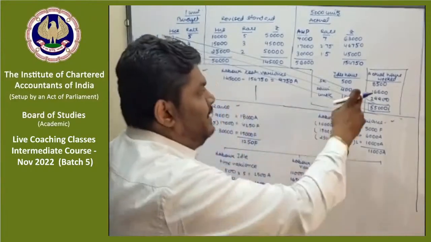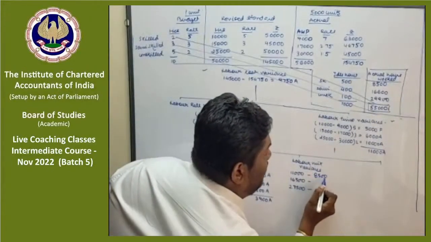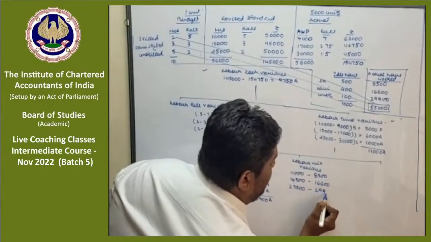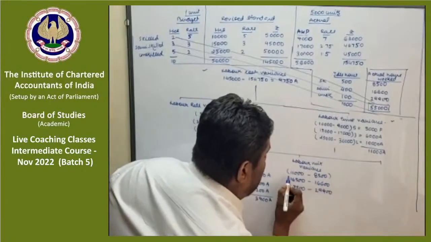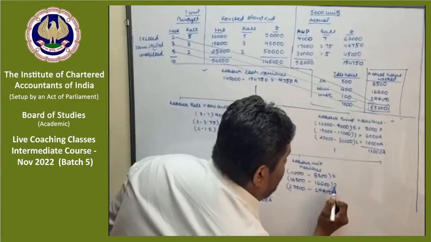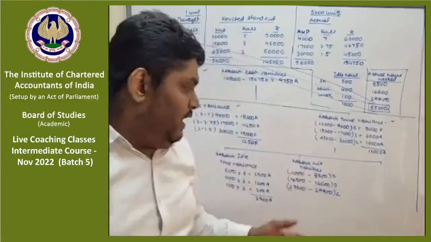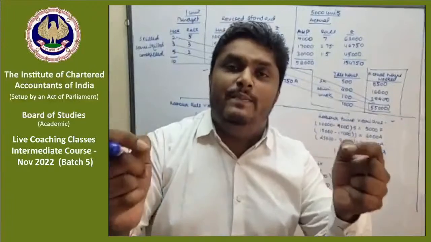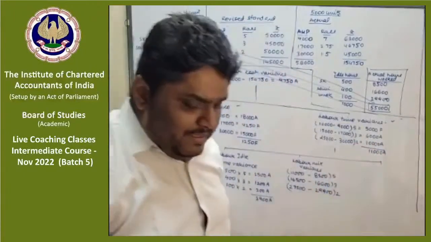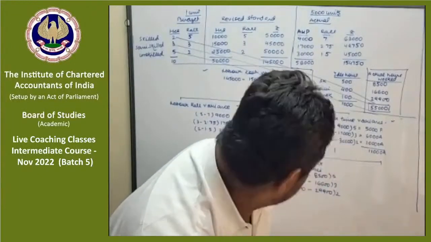Minus again these figures, that is 8,500, 16,600 and 29,900. Into the rate 5, 3 and 2. If you guys have any doubts in labor mix variance, you guys can ask me. Waiting for your queries, guys. In the meanwhile, I'll calculate the final answer.